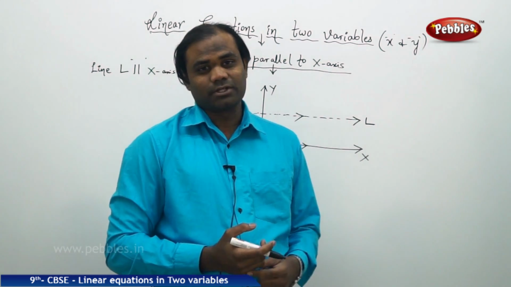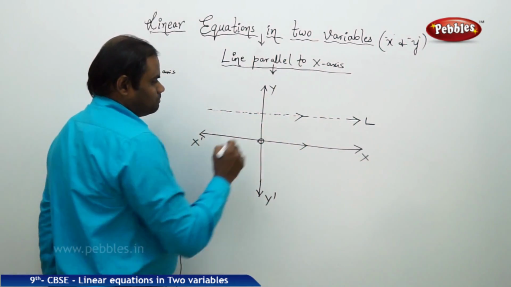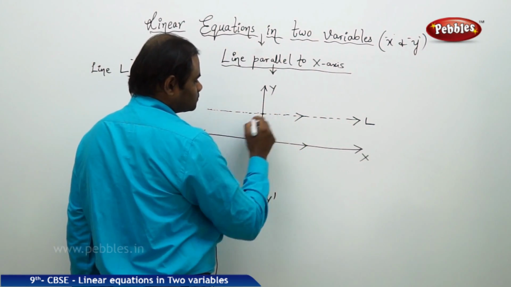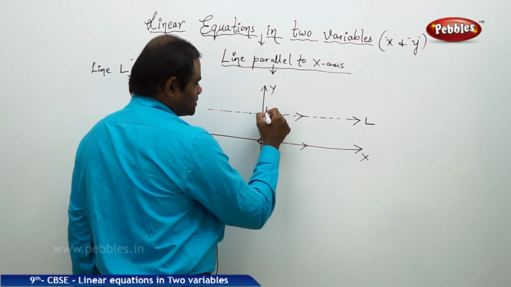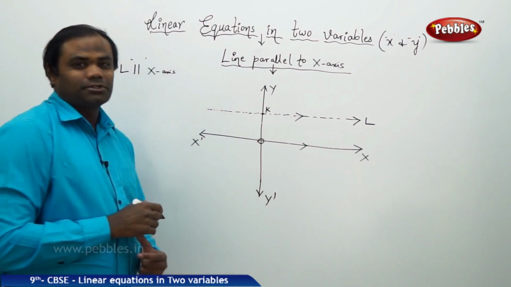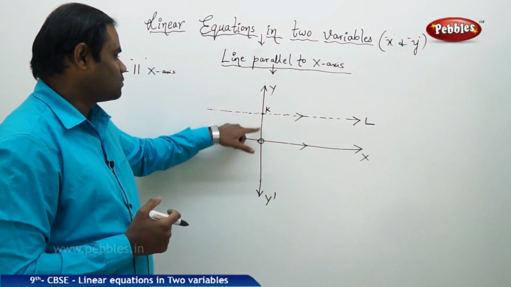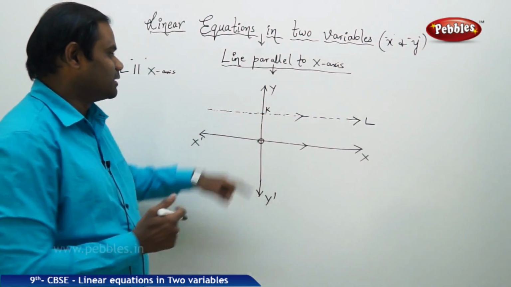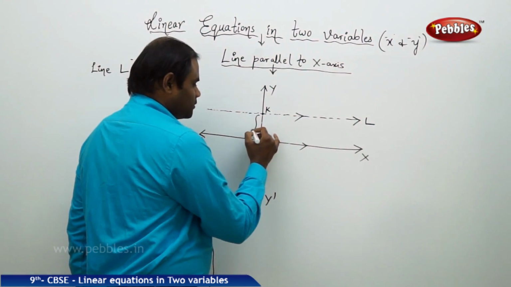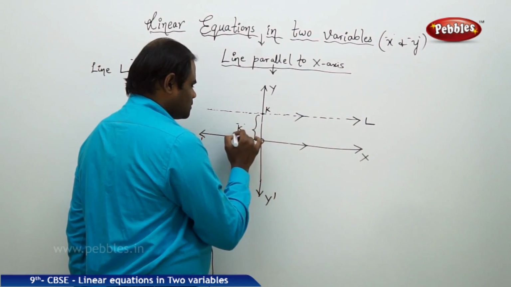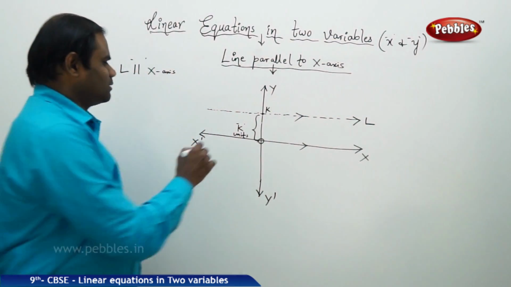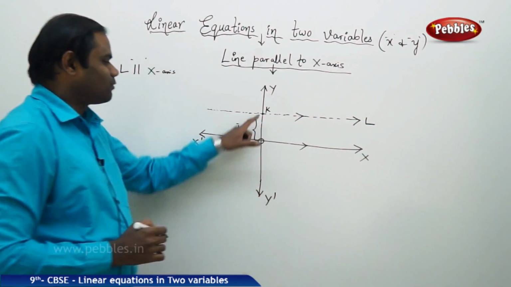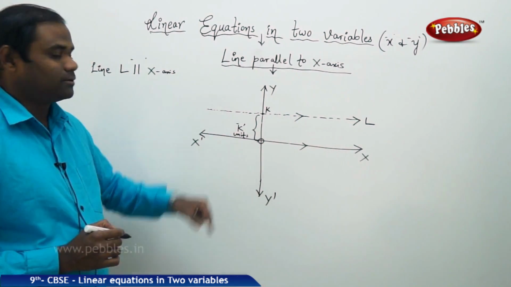Imagine I have this line which cuts y-axis at k. So this line cuts y-axis at exactly a distance of k units. This is how I understand the distance of the line from x-axis to be k units.